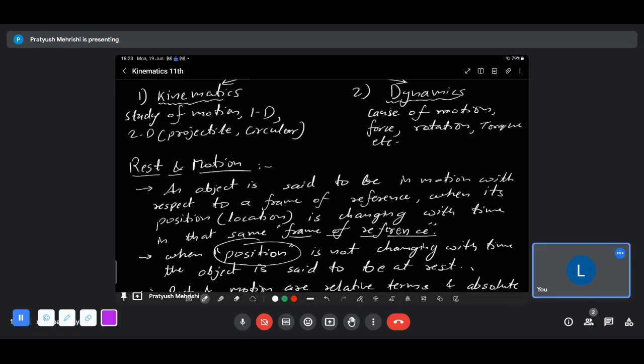It is the point from which we are making the observation, like the origin, where our origin is situated. That point of reference, and the location of that origin in the three dimensional universe, is called the frame of reference. Got it now?